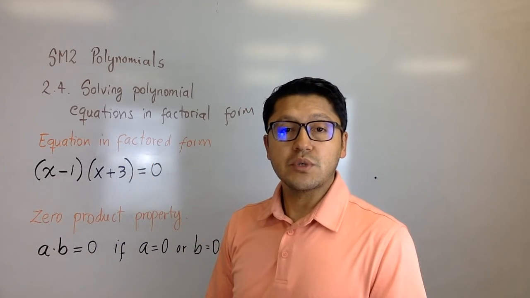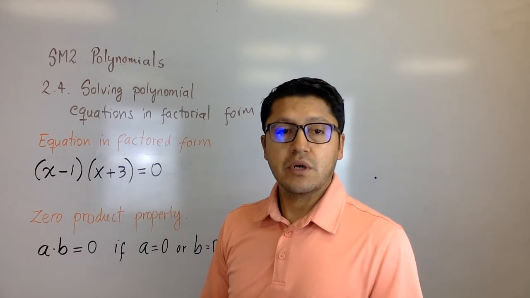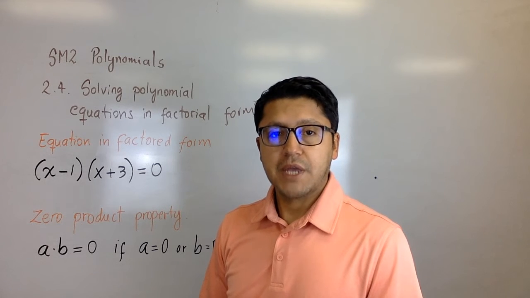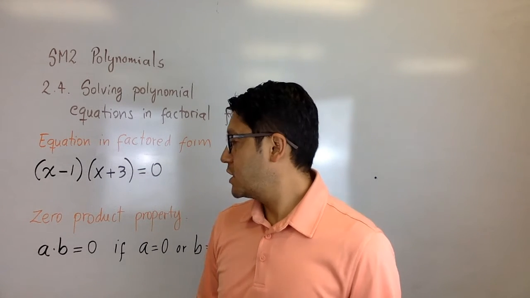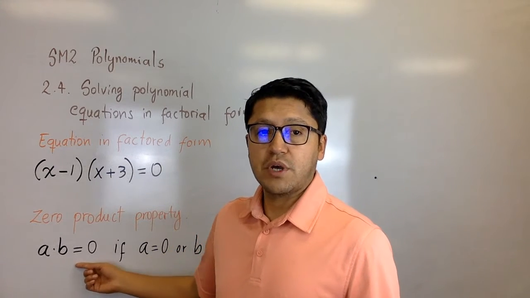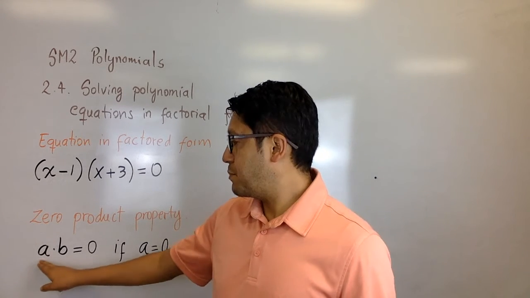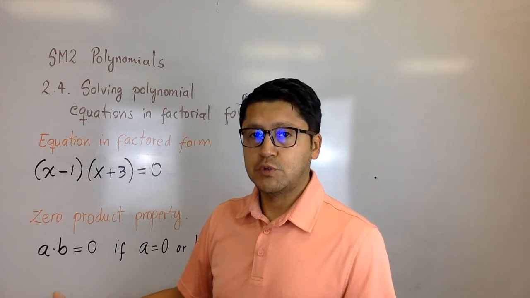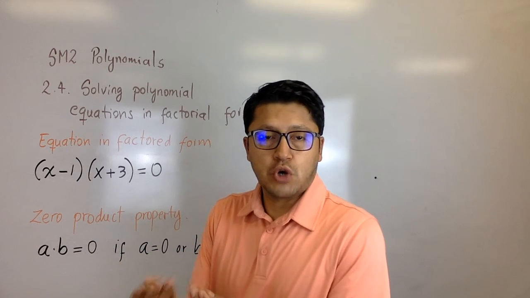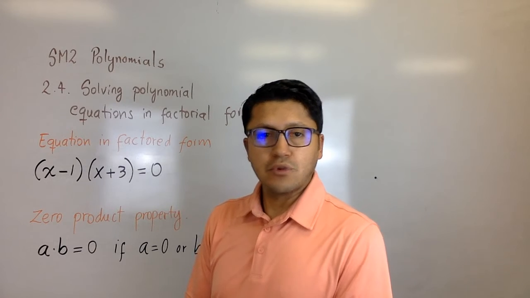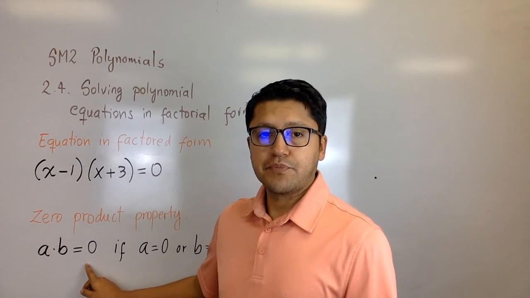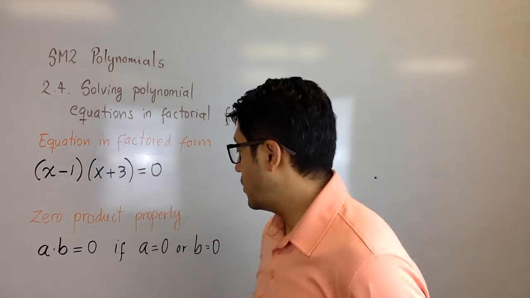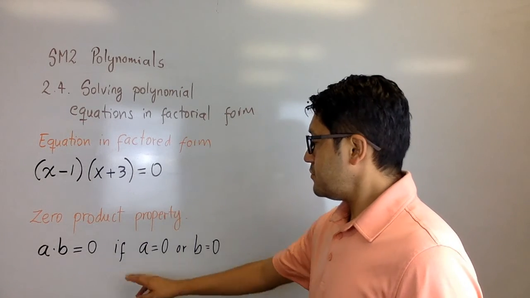The second thing I want to explain is what we call the zero product property. And I want you to take a look at this equation right here. We have the product of two terms, two variables. A multiplied by B is 0. When is that possible? Okay, let's take a look.